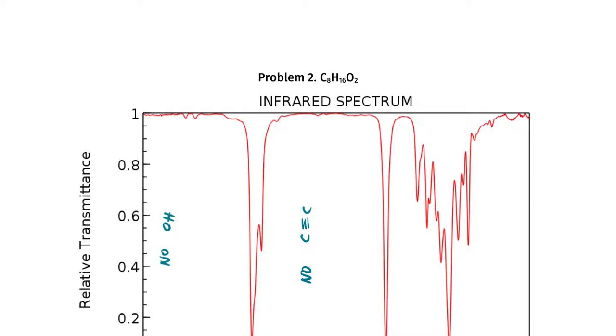What would this carbon hydrogen on the C triple C look like? Where would it show up? 3200. So quite likely no C triple C H. Okay, what else?